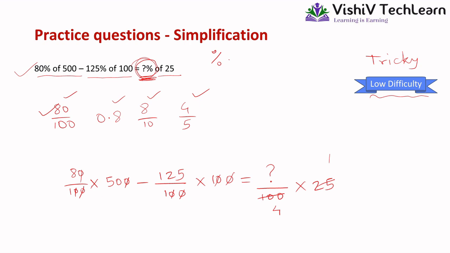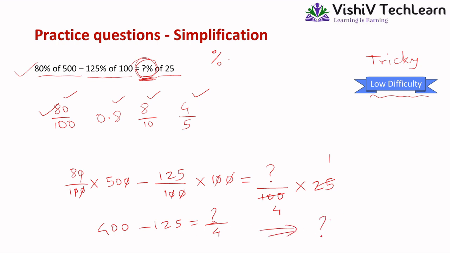So what is remaining? Here it is 8 into 50, which is 8 5s are 40, so 400 will be the figure, minus 125 is equals to question mark upon 4. 400 minus 125 will be 275, and this 4 will go to that side.